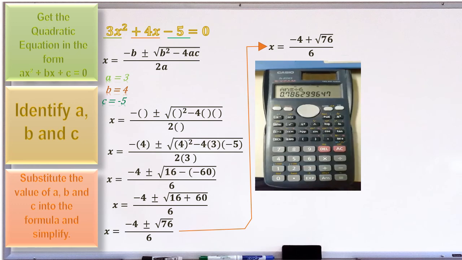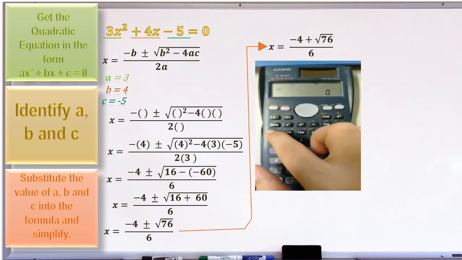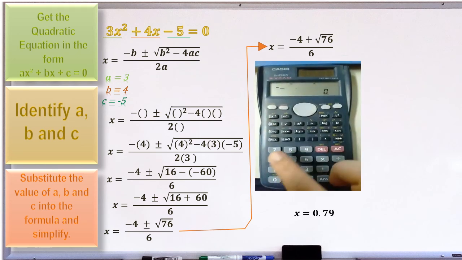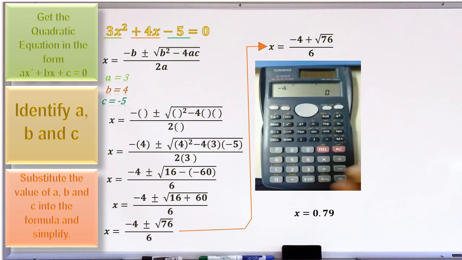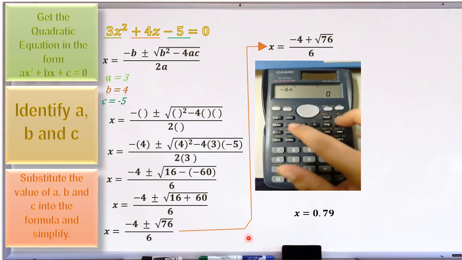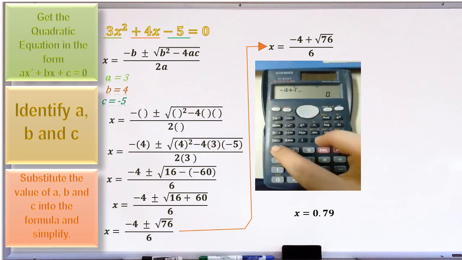So the answer is 0.78629964 and 7. We're just going to use two decimal places. So the answer is 0.79. Next, let's have the subtraction.